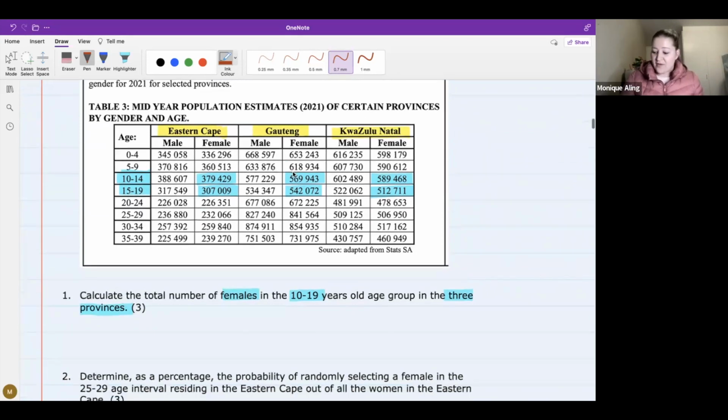If we take all the numbers that I've highlighted, you would need to show the step to get all the method marks.